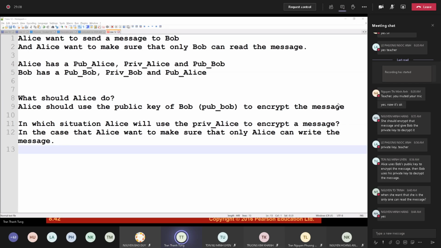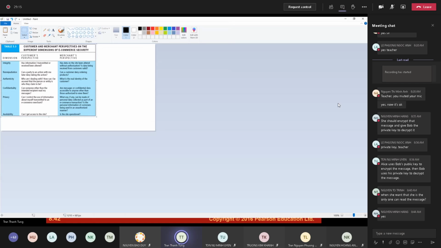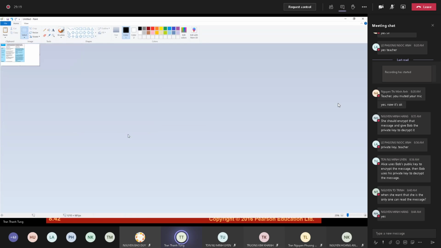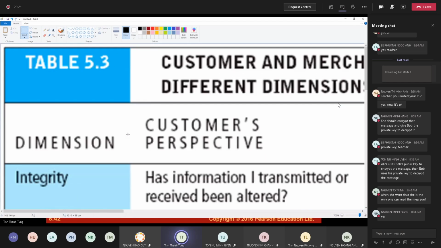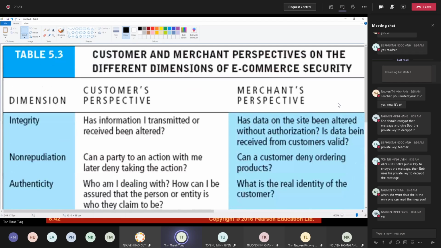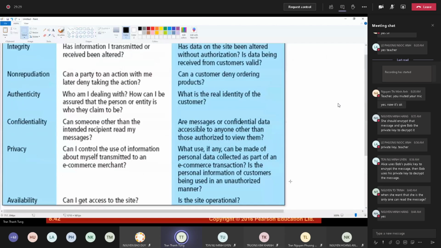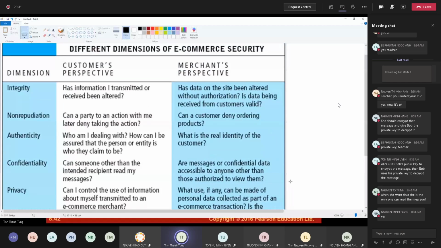Here are some security properties that people in e-commerce really want to have. So far we have two things.